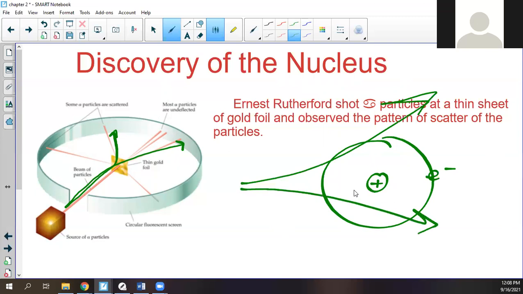Okay. Now, some of them bounced back, and so he hypothesized that whatever is in the middle must be really, really dense. So he is credited with the discovery of the nucleus by the gold foil experiment. I think that's a multiple choice. It's like two blanks.